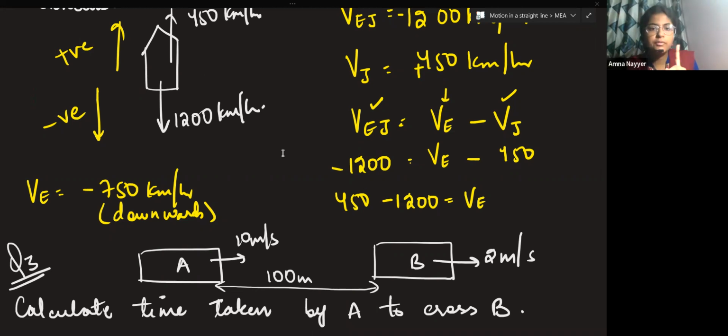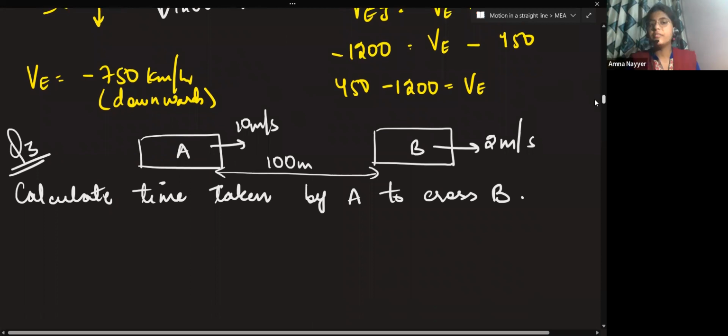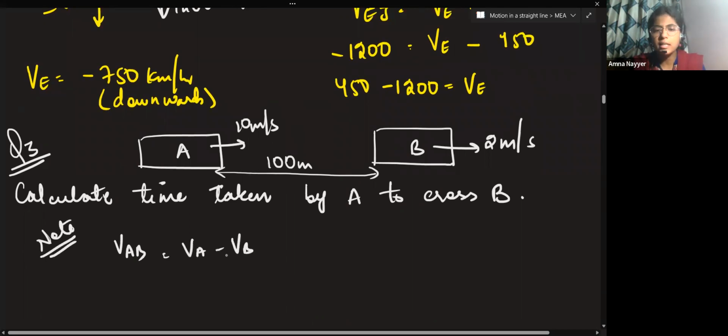One thing before you start this question, one hint that I'll give you. See, the way we take velocity, like VAB, just make a note, point it in your notes. That becomes VA minus VB if it is relative. Similarly, you have SAB as well for displacement. That becomes displacement of A minus displacement of B. Similarly, you have acceleration also.